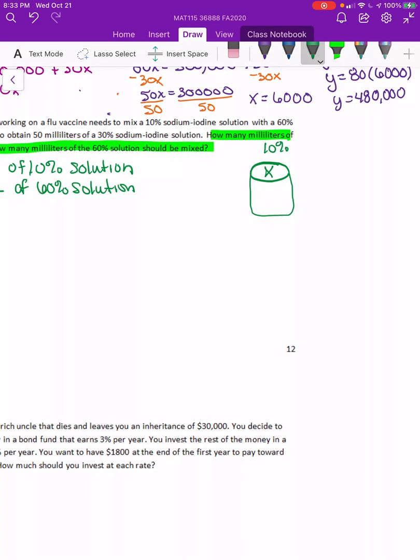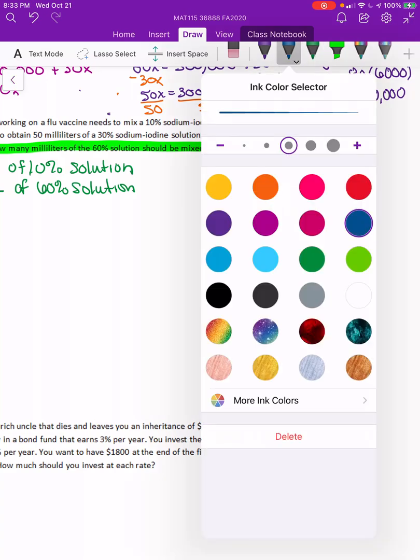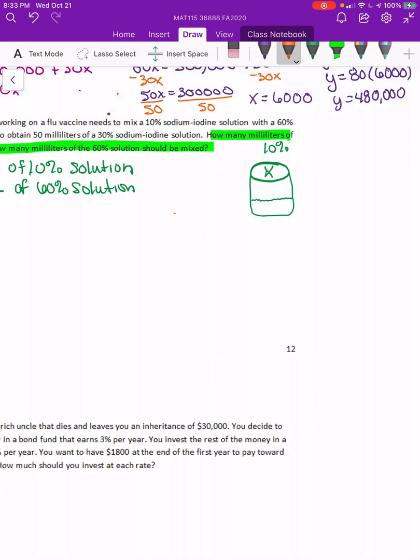Now, of that X milliliters, remember when I drew this, part of that is going to be the pure, in this case, sodium iodine. So this is basically the part that's pure sodium iodine. Okay, so that's the amount. That's that pure sodium iodine.